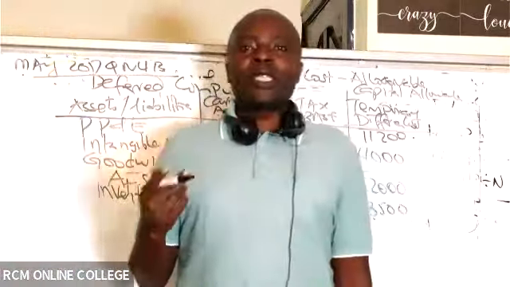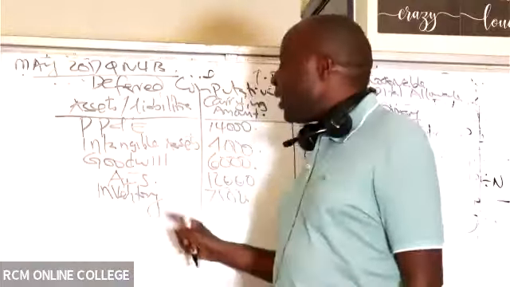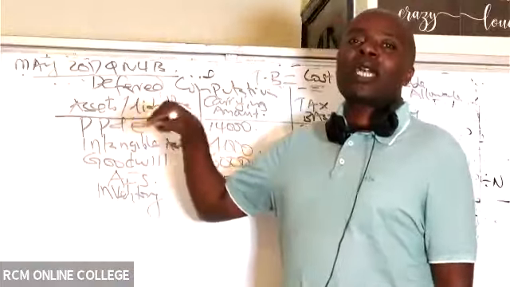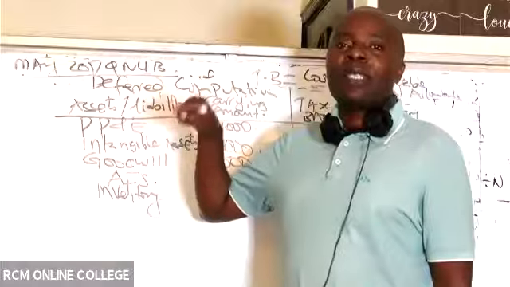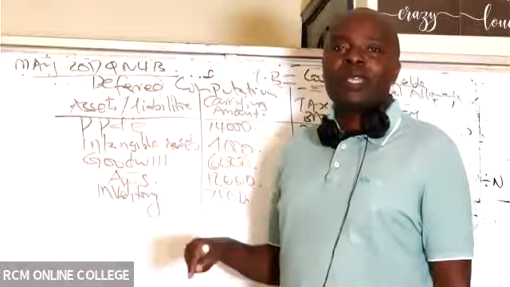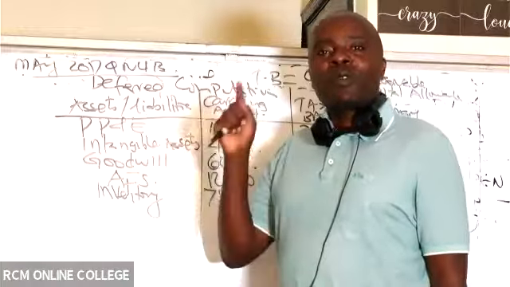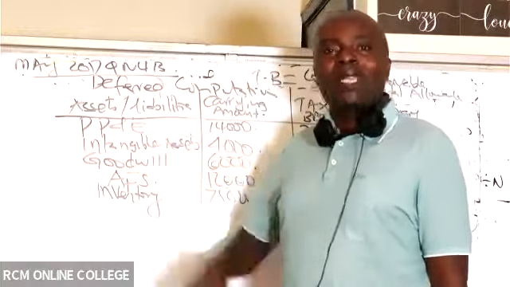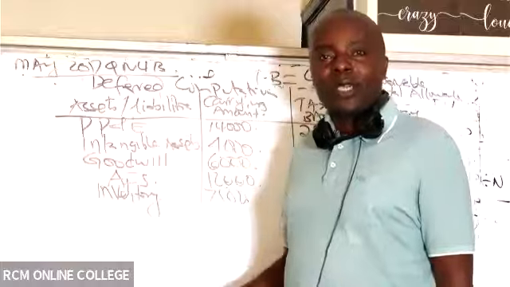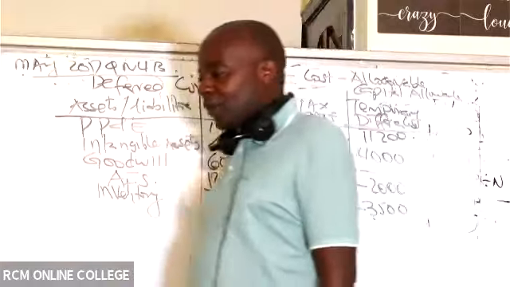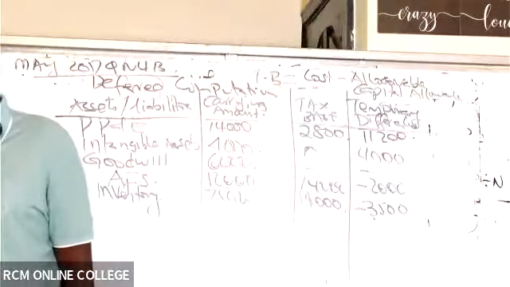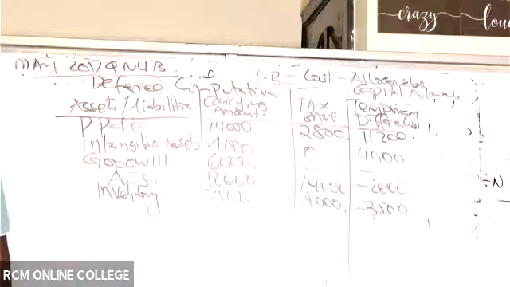They are telling you that this 7,500 is after they had subtracted. So the taxman will come and tell you, hey, you want to cheat me. You want to underdeclare your assets. General provisions can never be deducted. You add that back, and you get 11,000.